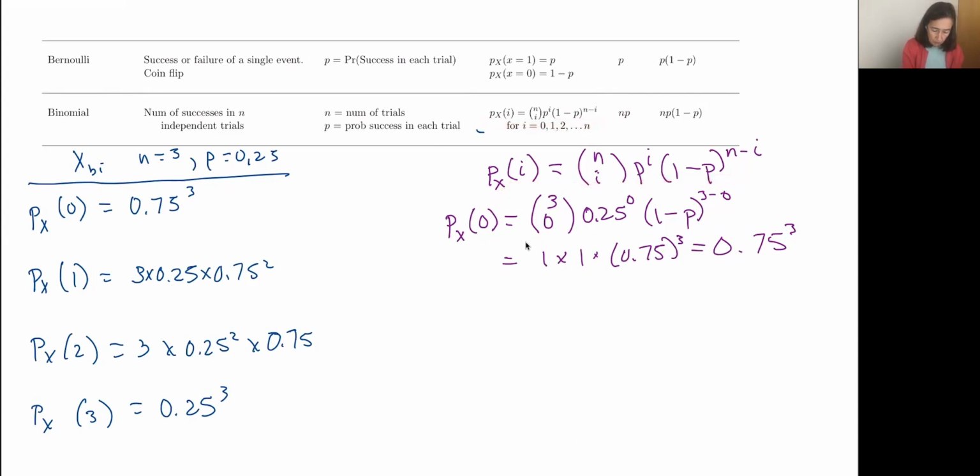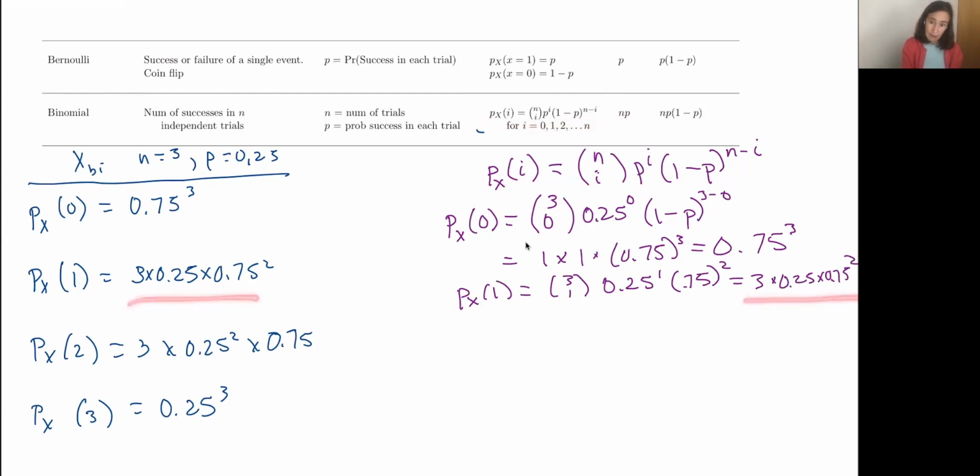So for p of 1, that's going to be 3 choose 1 times 0.25 to the power 1 times 0.75 to the power 2. 3 choose 1 is 3. That gives us 3 times 0.25 times 0.75 squared. And once again, we're getting the same answer.